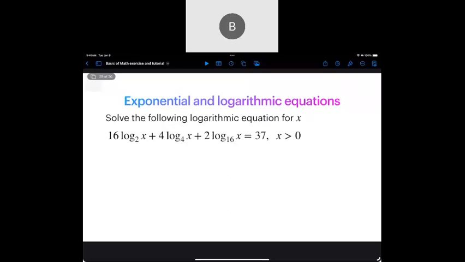And now, according to what we have from the previous simplification, try to solve this equation.